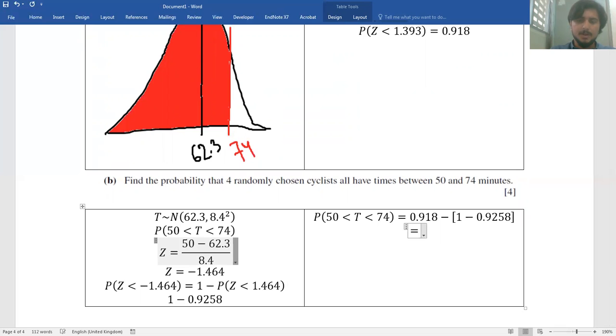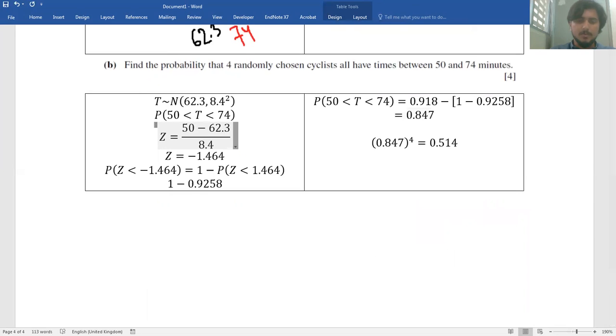This probability you'll end up getting as 0.847. Now remember, this is just for one individual cyclist. The question says that 4 are chosen. All 4 have this success, 0.847 to the power 4. And all 4 cyclists have a probability between these times of 0.514.